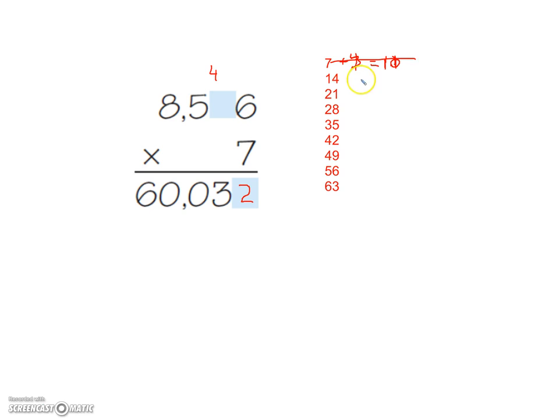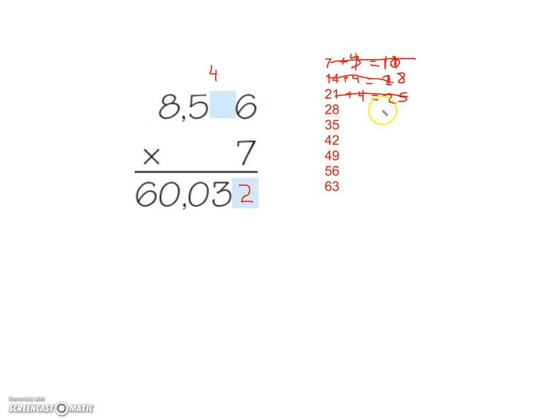That's not it. If I add 4 to 14, I get 18. That's not it. If I add 4 to 21, I get 25. That's not it. I'm looking for a number that ends in 3.